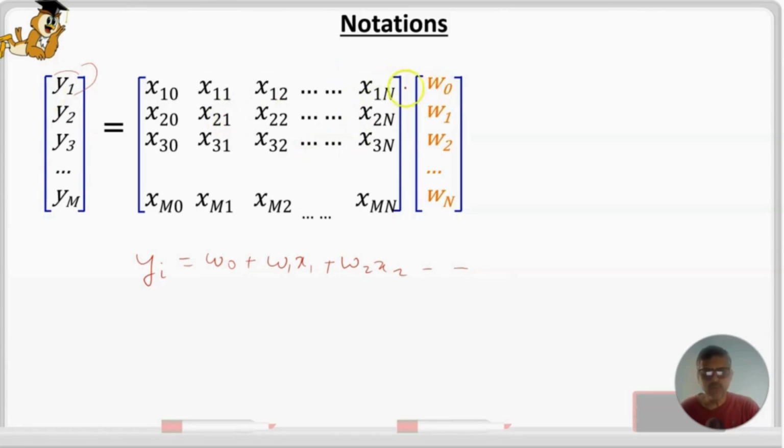For each of these points, W0 is multiplied by 1, which means that all of these x's here are actually 1.